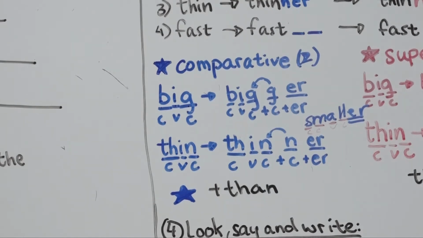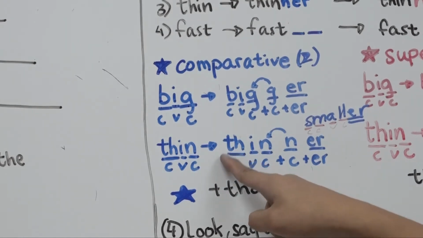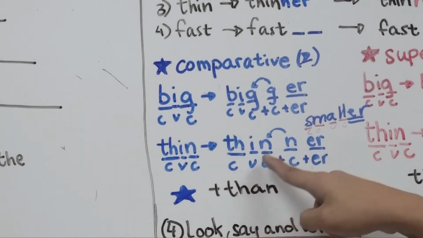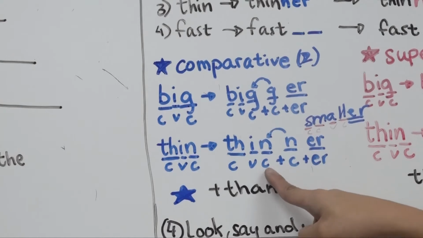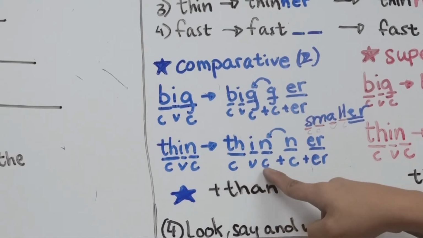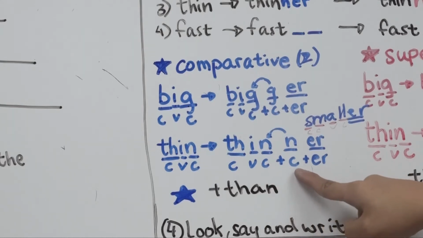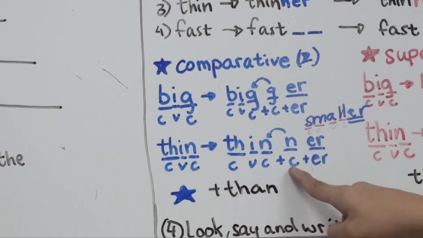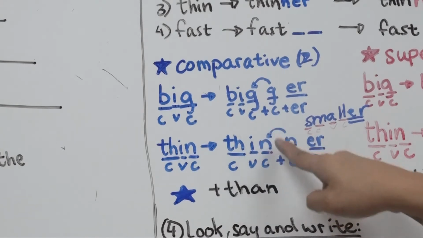So thinner, how do we spell thinner? TH, C. I is a V. N is a C. Now, because we have 3, C, V, C, we need to put another C. Which C should we follow? Is it TH or N? Right, we have to put N. We copy the previous one.